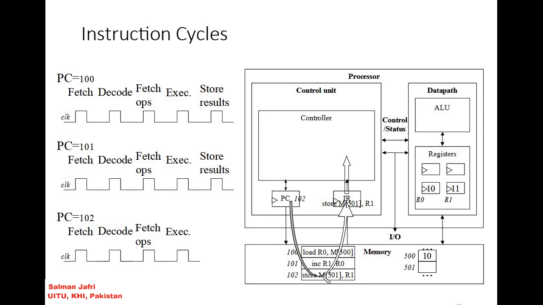Nothing happens in execute, and of course the store result becomes active, where the value of R1, which is 11, is stored in memory location 501. So the last thing, we were active in fetch, decode. We did not fetch any operands, we did not do any execution, we only stored the results. So that is the idea for the last case.